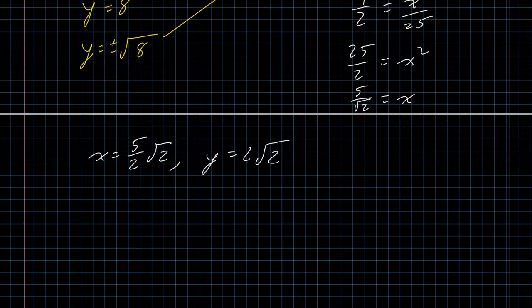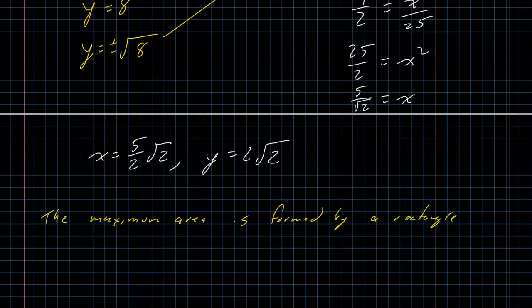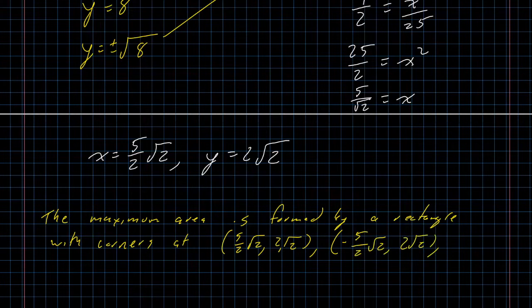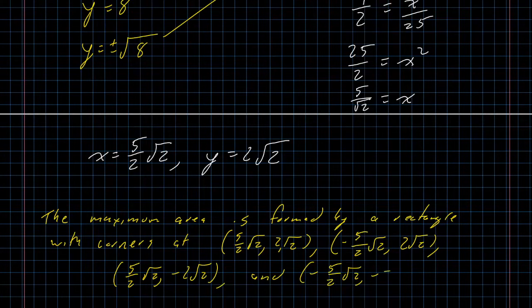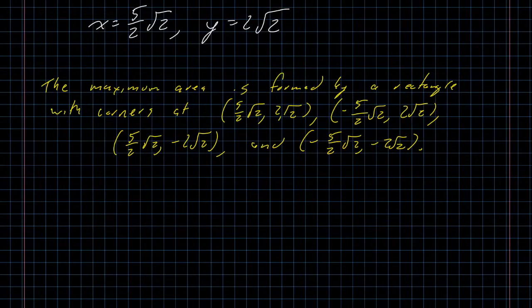Going back to our original problem, if we so desire, the maximum area is formed by a rectangle with corners at 5/2 root 2, 2 root 2, and the negatives and positive combinations that are possible.